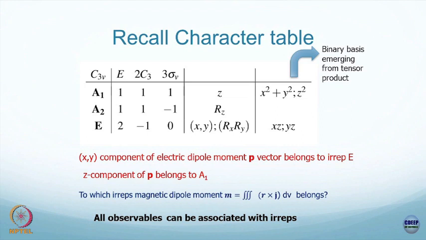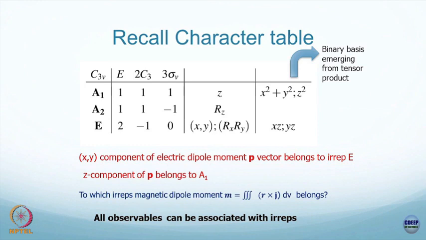So, now tell me where the Z component will belong. A2 irrep, and of course Mx My belong to the E irrep. In fact, C3V does not seem to distinguish the x and y components whether polar or axial. The Z component it does distinguish.